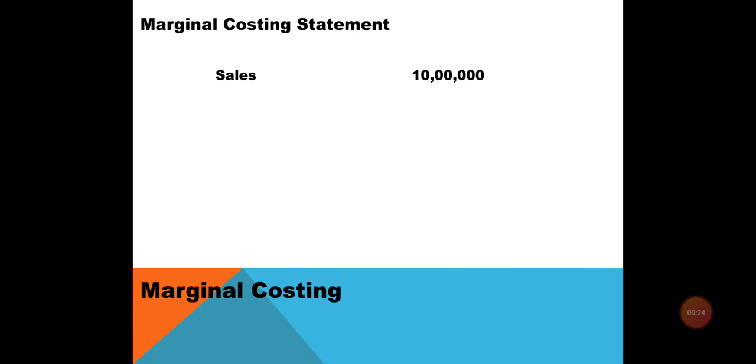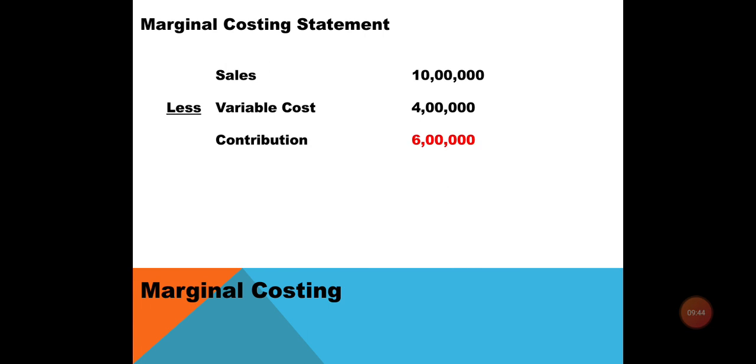In the marginal costing statement, we take first of all sales. Here I have taken sales of rupees 10 lakh. We have to deduct variable cost. I have taken here variable cost, that is 4 lakh rupees. After deducting variable cost from sales, we get contribution. Here we have contribution of 6 lakh rupees.